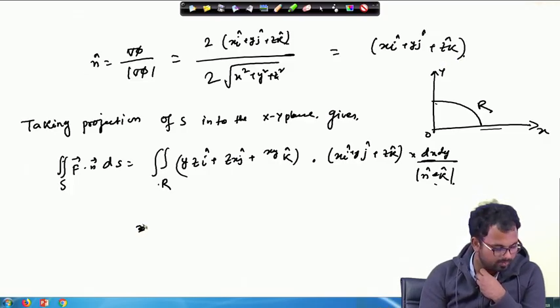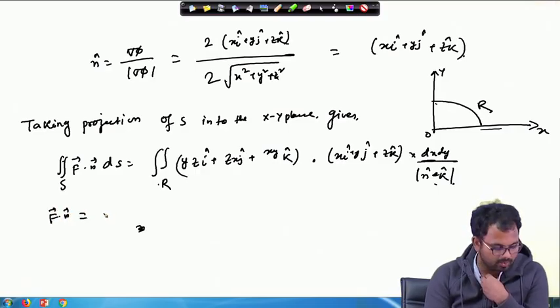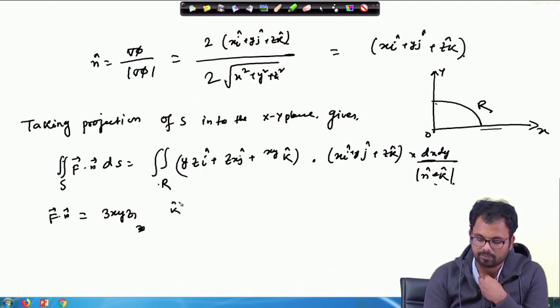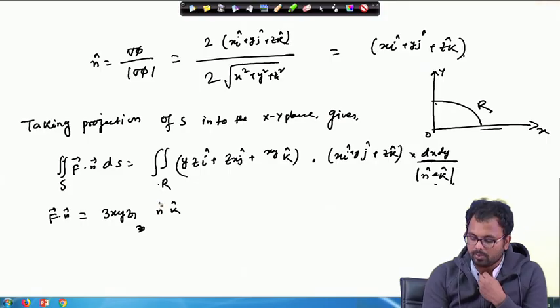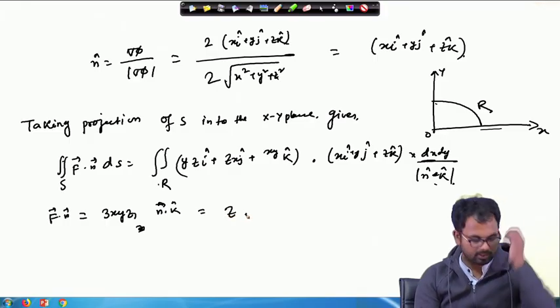So, F dot n, if you break the dot product, will be 3 x y z, and n dot k will be basically z, right.